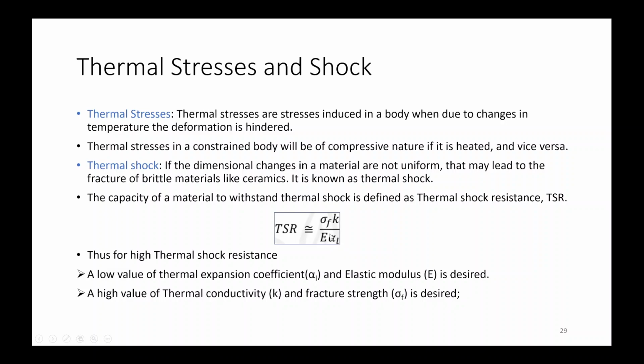So your material should not expand much on heating. It should have low elastic modulus, because if it has high elastic modulus, it will be very stiff, so it will be more likely to crack. And it should have very high values of thermal conductivity K and fracture strength.